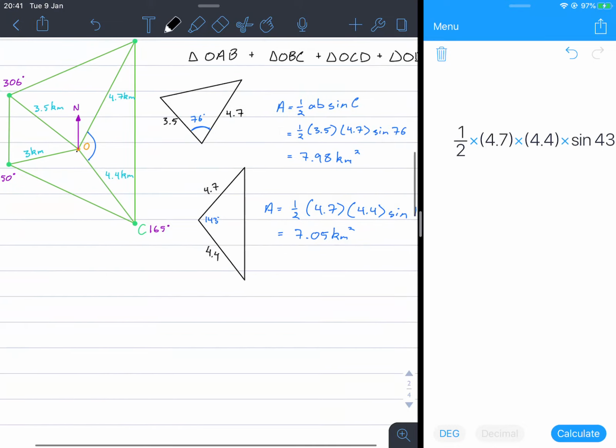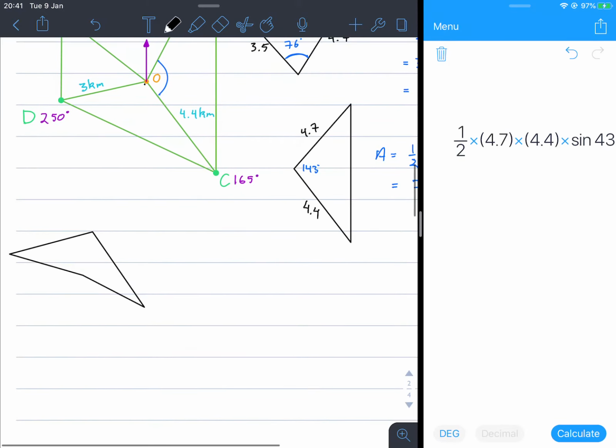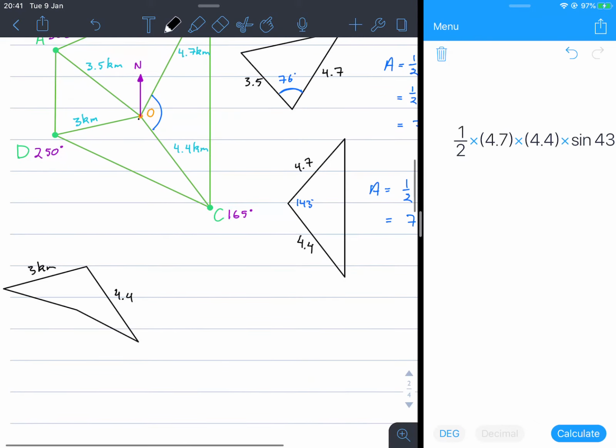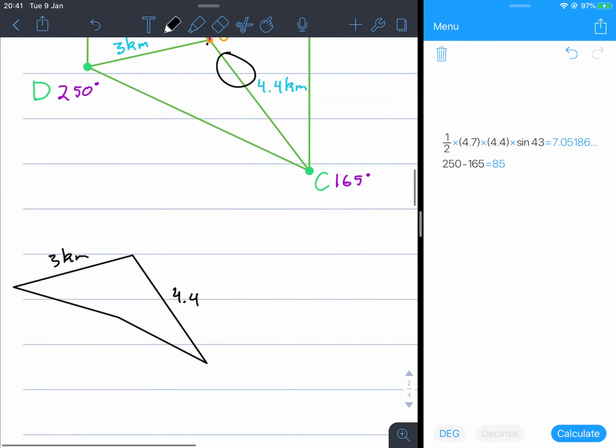Triangle OCD, I'm going to draw it out to make it easy for myself. There it is. OCD, that's 4.4 here, that's 3 kilometers. We can find this angle very quickly by taking the end point, 250 degrees, take away the previous angle where we want to start, 165. That's giving me 85 degrees.